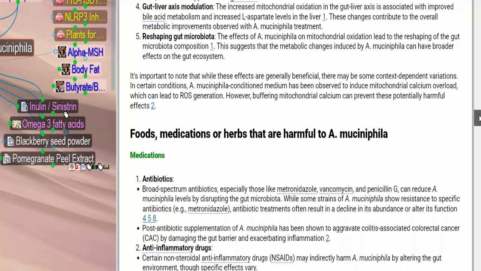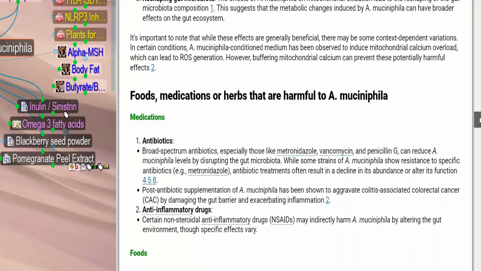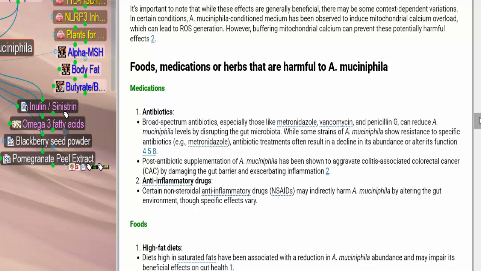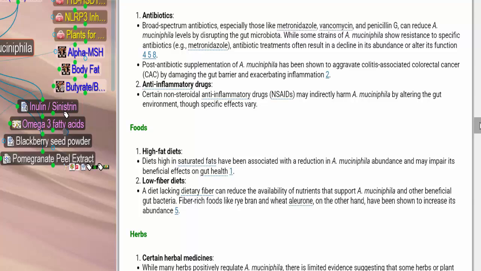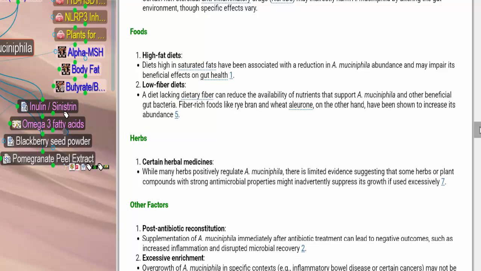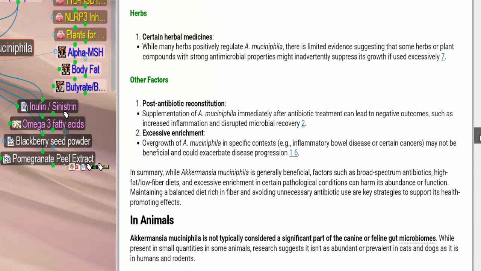So foods and medications or herbs that are harmful to it include antibiotics, and taking a supplement of Akkermansia after you've been on antibiotics can be harmful. It does not like high-fat diets or low-fiber diets. There are certain herbal medicines that could be harmful to it, and those are going to be compounds with really strong antimicrobial properties. For example, oil of oregano and other factors.